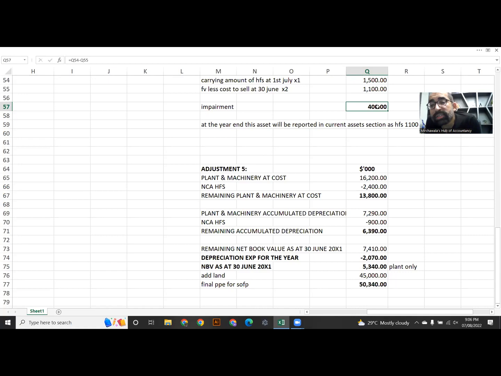Sometimes your examiner takes you to the basic level, and sometimes the examiner expects you to apply the complete formula. Sometimes the examiner doesn't give you a ready-made cost of sales. Like in this question, go and see the trial balance. There is no ready-made cost of sales.